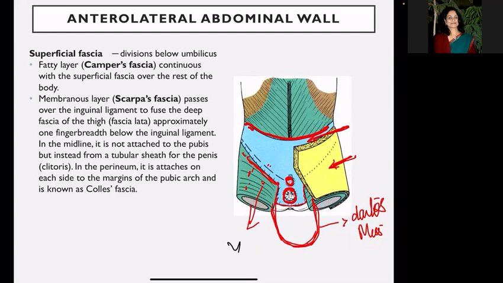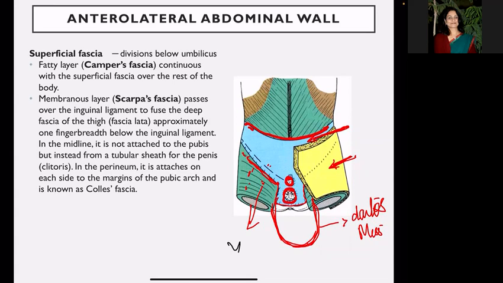This outer layer is continuous with the superficial fascia of the adjoining region. The inner membranous layer of the superficial fascia of the anterior abdominal wall, in the infraumbilical region, is continuous with the fascia around the penis and the fascia around the scrotum.